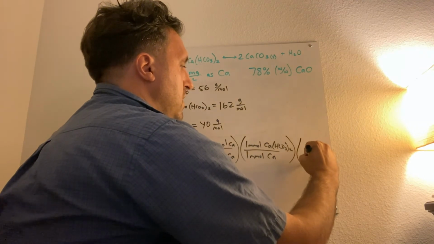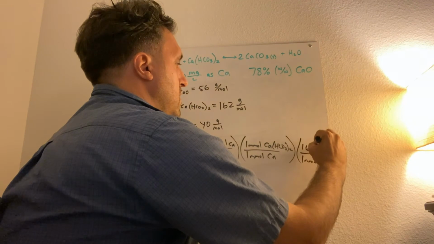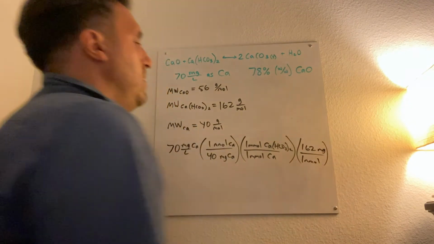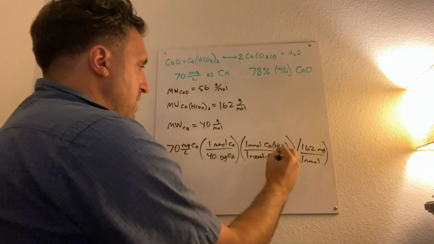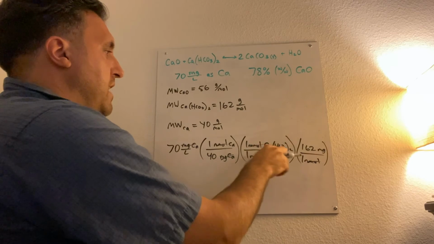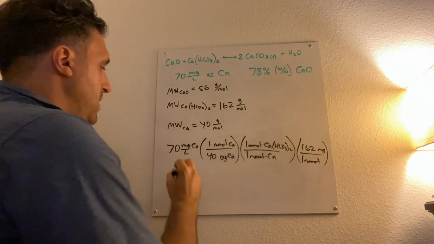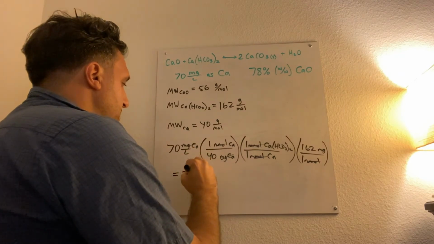So 1 millimole to 162 milligrams. So we make sure that all the units cancel out, and we're left with milligrams of calcium bicarbonate per liter. And this is equal to 283.